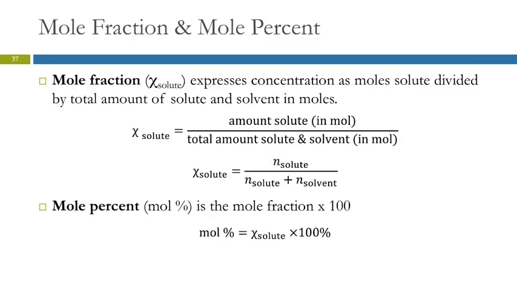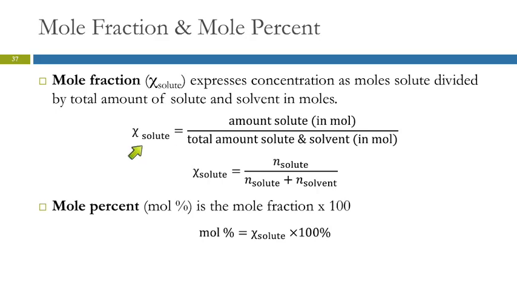So mole fraction and mole percent. Mole fraction is given the symbol chi, that's a Greek letter. Mole fraction is the amount of solute in moles divided by the total amount of solute and solvent, also in moles. It's measuring this in terms of moles, and it's asking what fraction of the solution is solute.